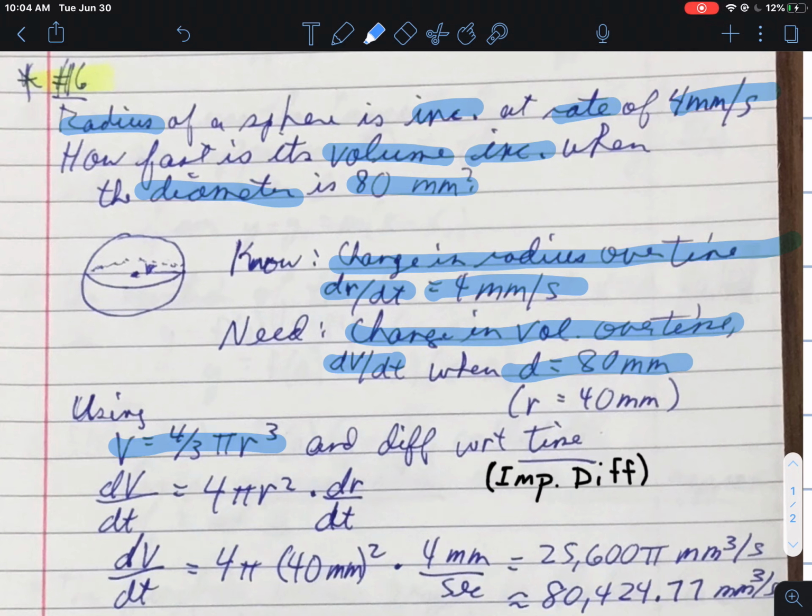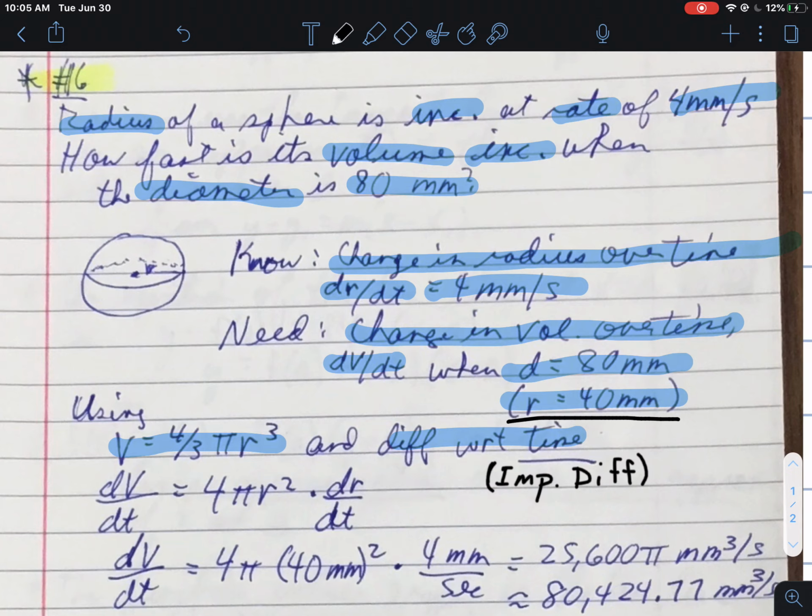And again, I'm looking for dV dt, so I'm going to differentiate with respect to time. Now, one other observation, notice that this formula requires the radius, not the diameter, right? We're given the diameter in our problem of 80 millimeters, but the formula for volume requires the radius. So when the diameter is 80, the radius is 40, right? Half the diameter.